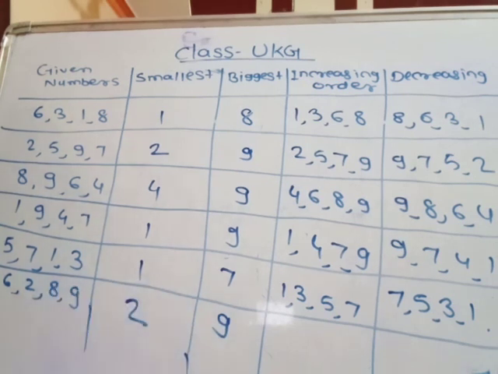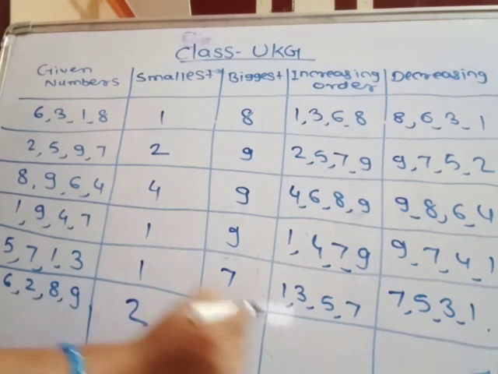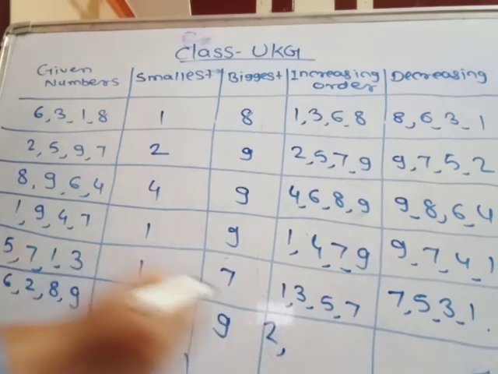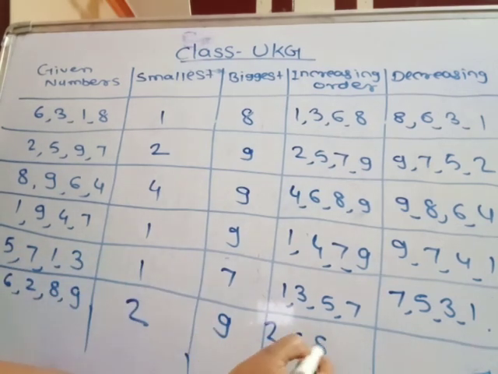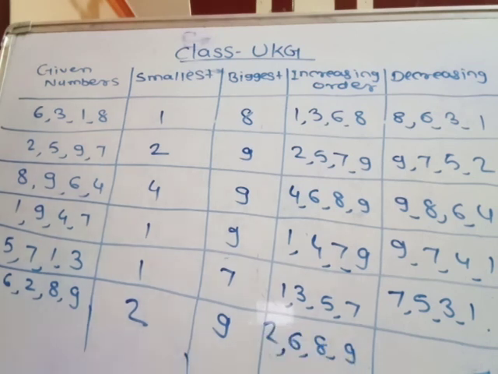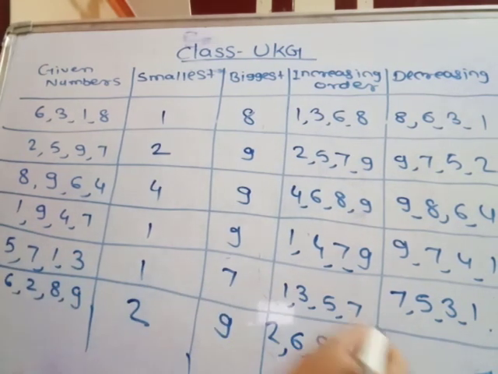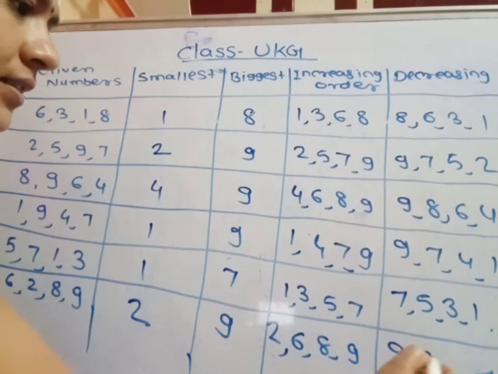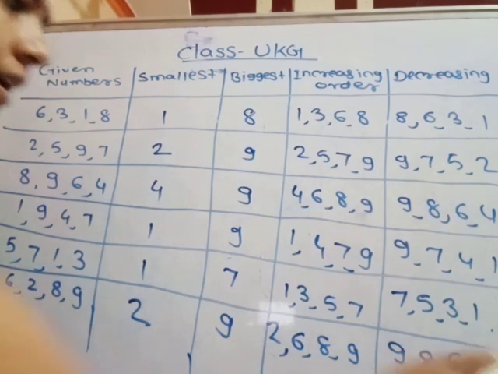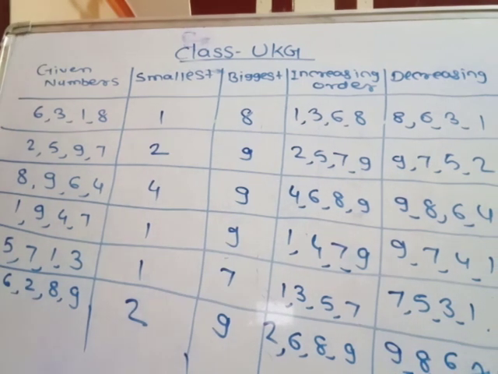Then in increasing order, smallest to biggest one, firstly write 2, then 6, 8 and 9. In decreasing order, biggest number to smallest one, firstly write 9, 8, 6 and lastly 2.